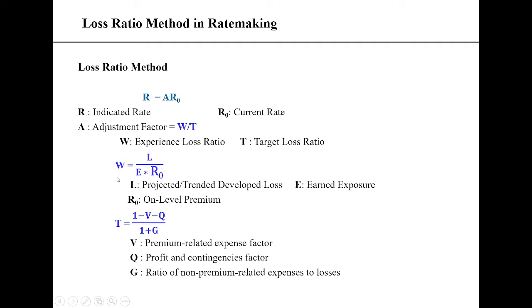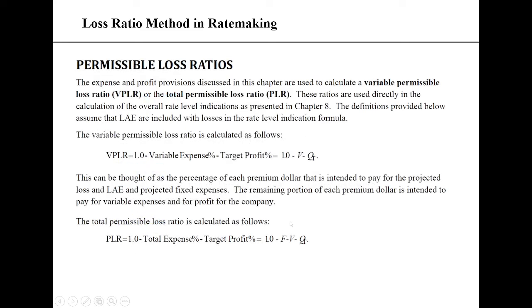And I'm going to show how we can come up with the experience loss ratio later on. And that is over the target loss ratio or permissible loss ratio. That is (1 minus V minus Q) over (1 plus G). And V and Q are like this, and G is like this. But instead, we normally use the permissible loss ratio.